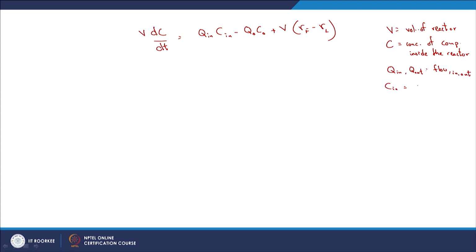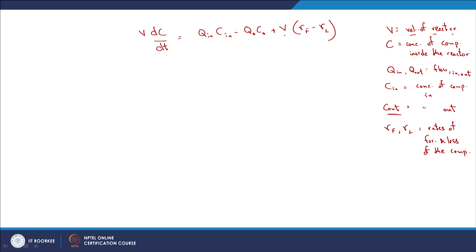C in is the concentration of the relevant compound coming in. C out is the concentration of the compound in the flow that is leaving the system. Volume here again is the volume of the reactor, and rate of formation and rate of loss are the rates of formation and loss of the compound.